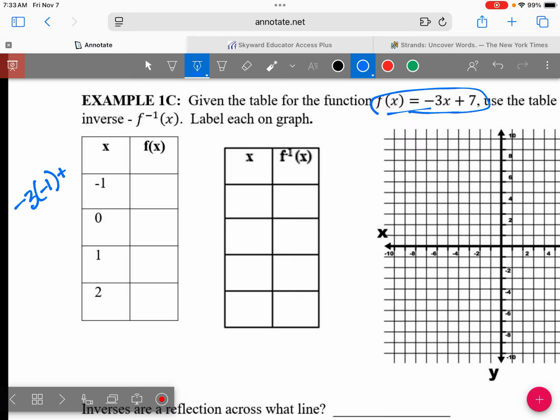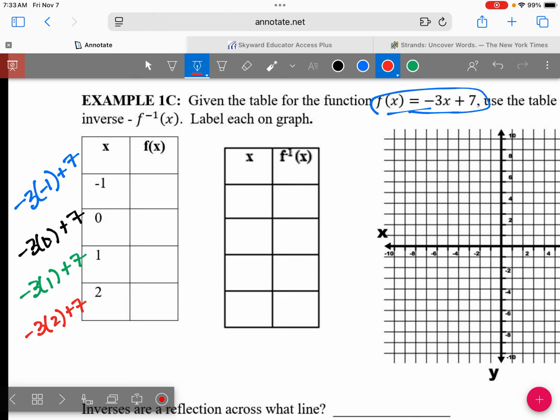go ahead and type that in. Take -3 times -1 plus 7. Type that in. And then your next number will be -3 times 0 plus 7. Type that in. And then you'll have -3 times 1 plus 7. Type that in. And then you'll have -3 times 2 plus 7.